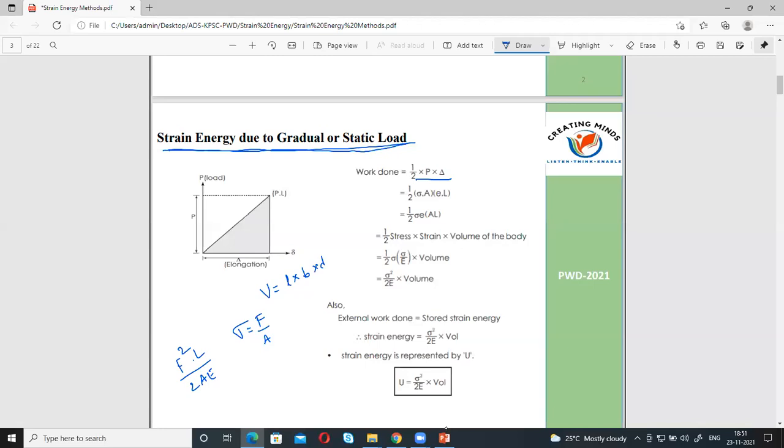Now if you write in terms of sigma, what should you do? Multiply. Here also, multiplying by A and A gives A square. So what you get: sigma square into L divided by L into A divided by 2E. What is L into A? What is area? B into D. L into A is volume. See how indirectly they can ask.